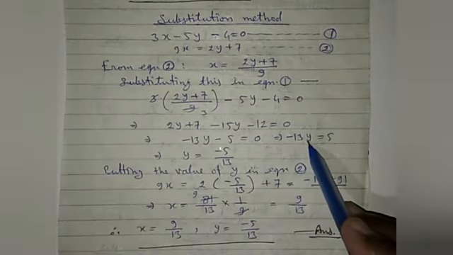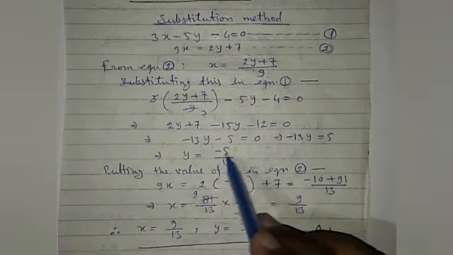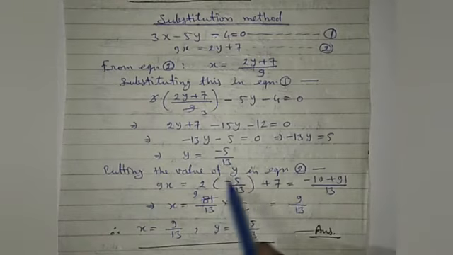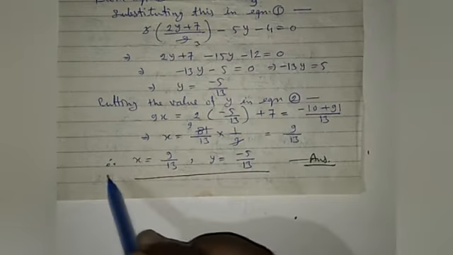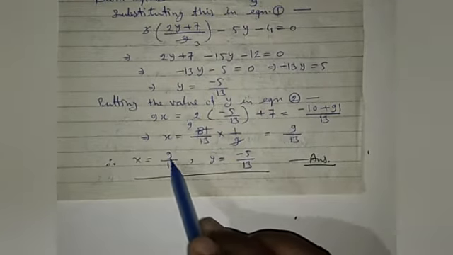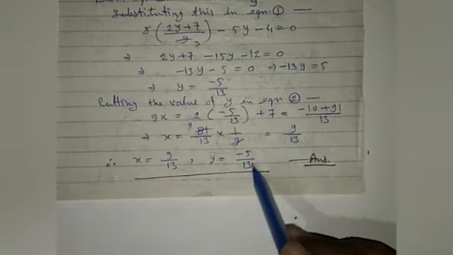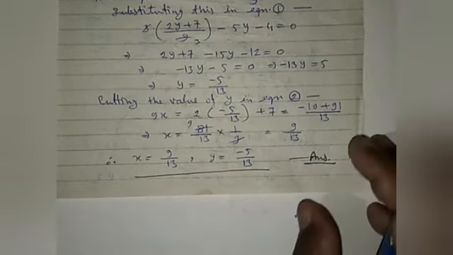So minus 13y equal to 5. So y equal to minus 5 upon 13. Putting the value of y in equation 2, we get the value of x equal to 9 upon 13. Hence the solution is x equal to 9 upon 13 and y equal to minus 5 upon 13.